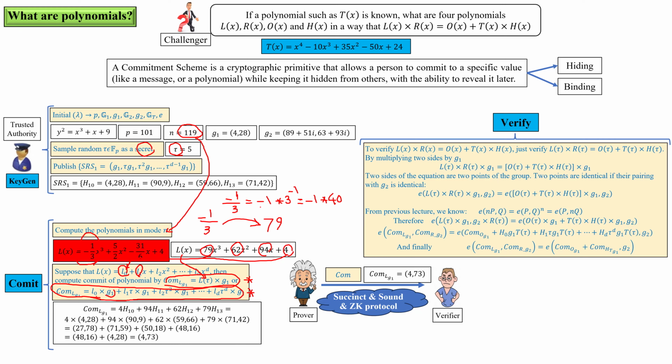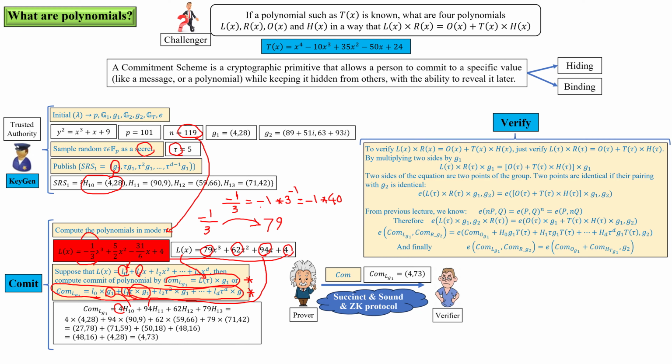G1 also equals H10, this value. So L0 equals 4, and it should be multiplied by H10. The second element is L1, and L1 equals 94. 94 multiplied by tau multiplied by G1.